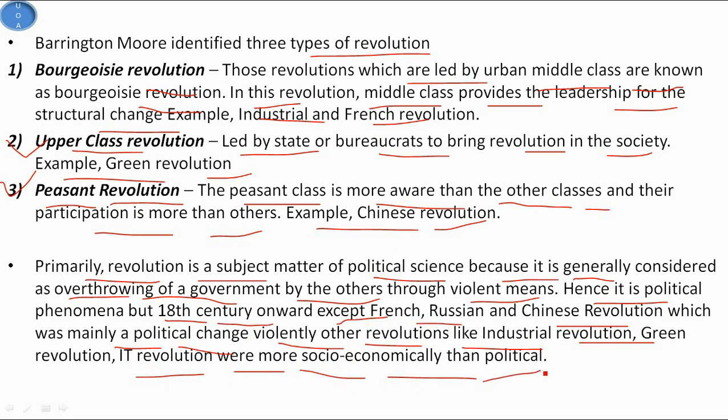Though socio-economic changes certainly have an impact on the political system, primarily these revolutions did not aim at changing political leadership. So in contemporary sociology, revolution is considered a very progressive phenomenon aiming at structural change smoothly. Education, the health sector, and employment require revolutionary efforts to overcome these problems, especially in third world societies.